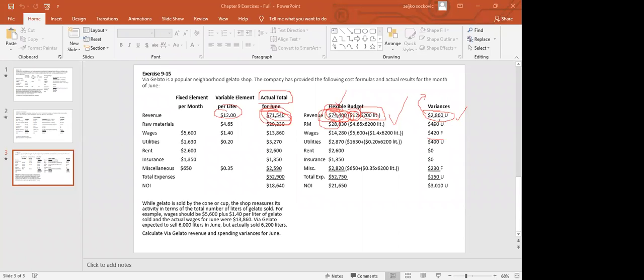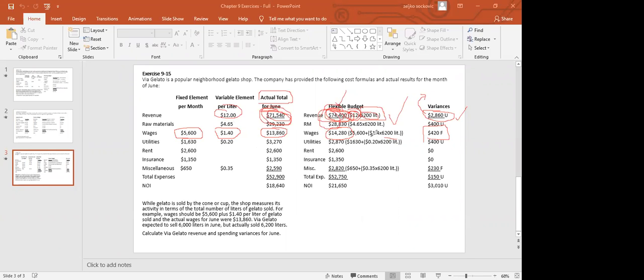And then you can go through other items. So for example, wages here are actually favorable. At 6,200 liters and our functions, we should have spent $14,280. But we actually spent $13,860. How is this possible? Well, if the fixed elements stay the same, we paid $5,600, but maybe we spent less than 140 per liter in terms of wages.